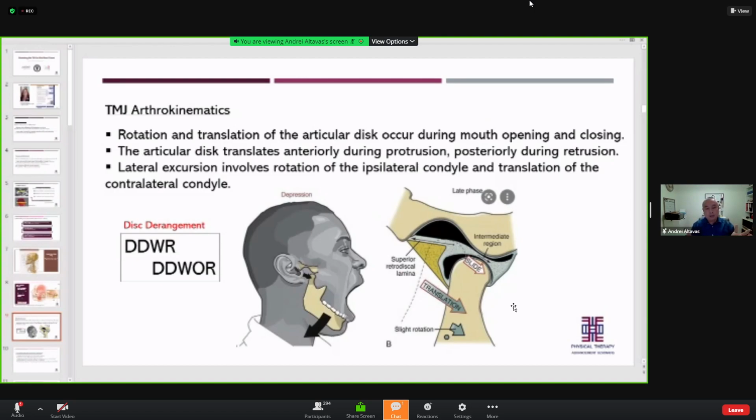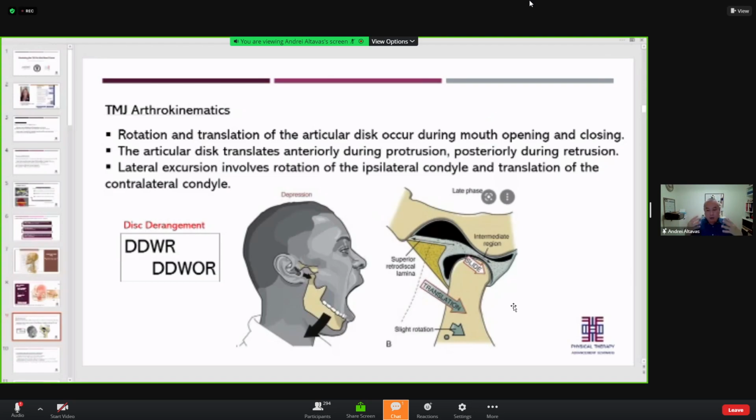Lateral excursion involves rotation of the ipsilateral condyle and translation of the contralateral condyle. It's going to be a little confusing when we want to visualize all of these, but as far as my opinion on the matter, lateral excursion is a movement that is very minute. But there is lateral excursion.